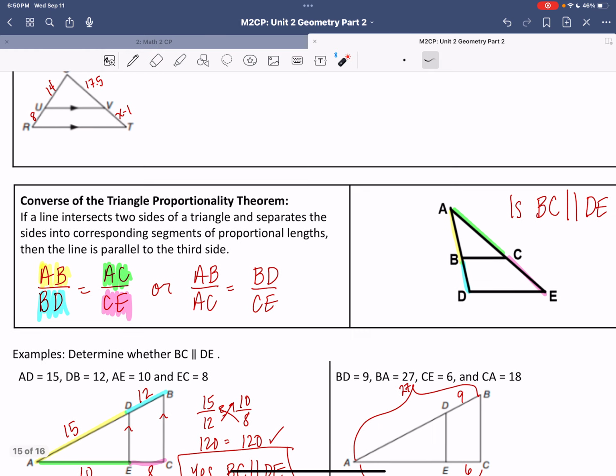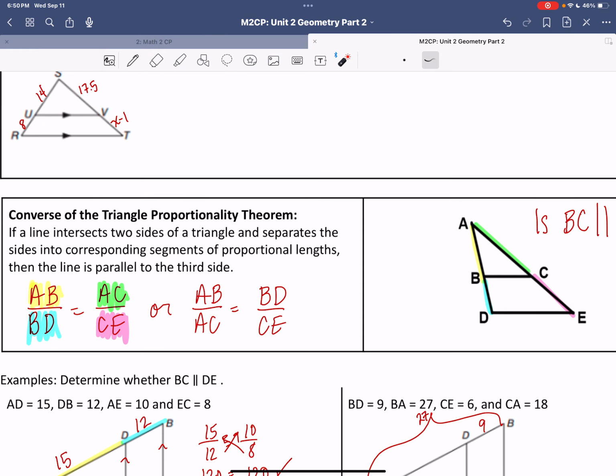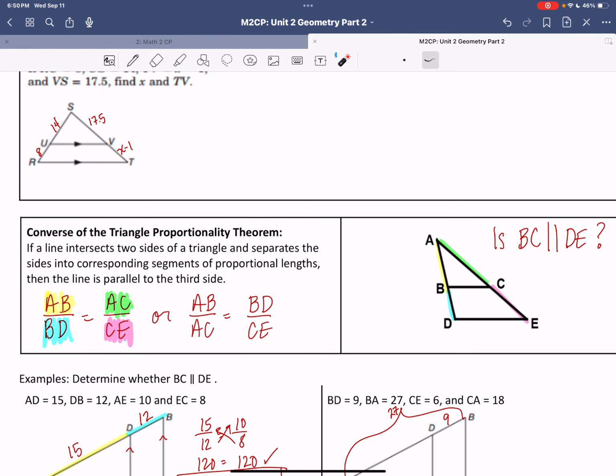All right, then you have the converse of the triangle proportionality theorem. When you see the converse, you're basically trying to prove, hey, is BC parallel to DE? Before, they told us it was parallel. Now we're asking, is it parallel? Well, it is parallel if it separates the corresponding segments into proportional lengths.